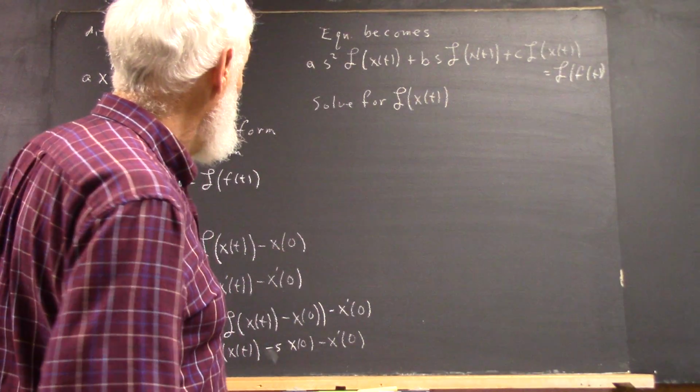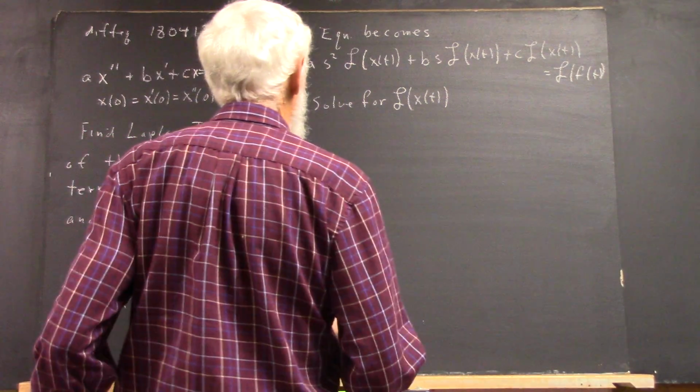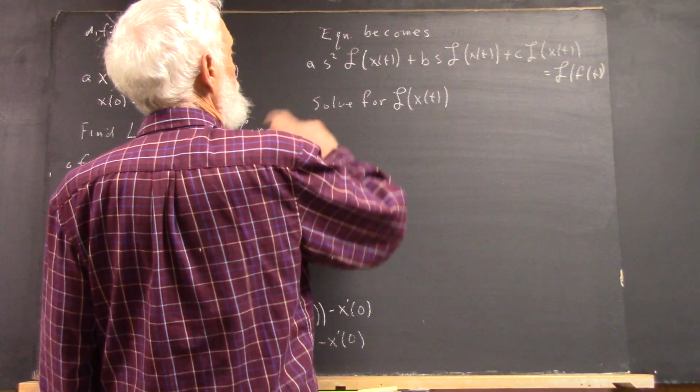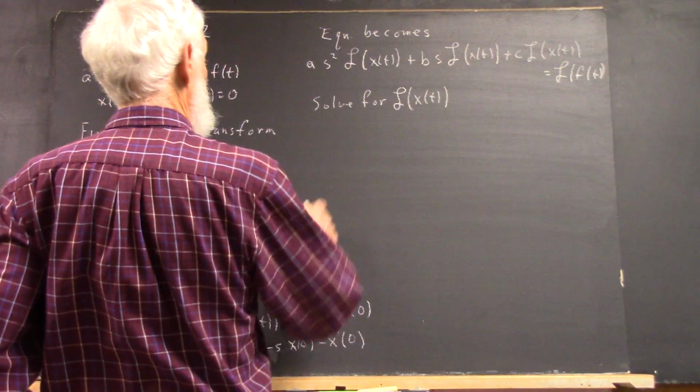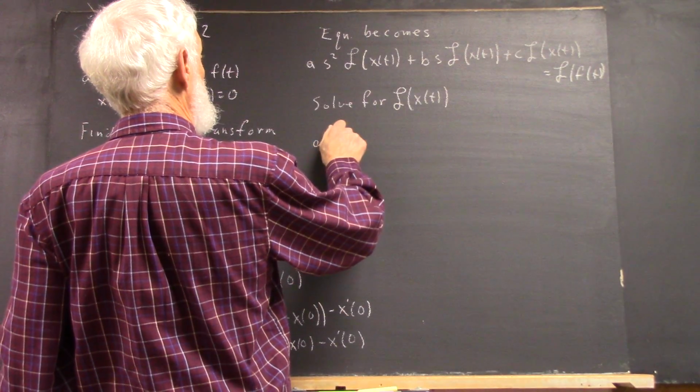Well, it appears that if we factor out the L of x of t here, we get something very much like a characteristic equation.